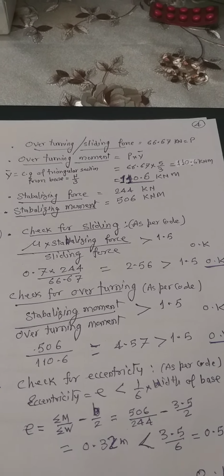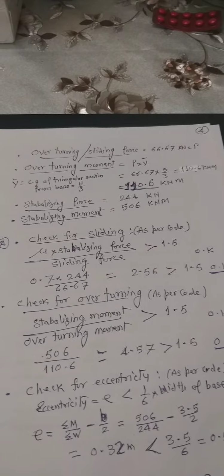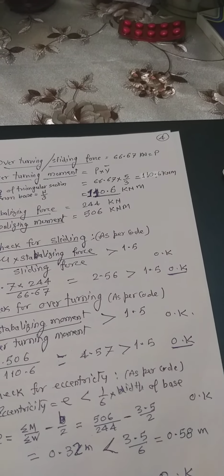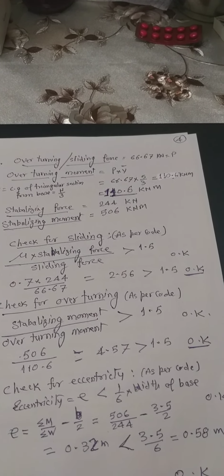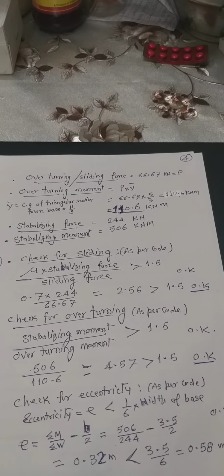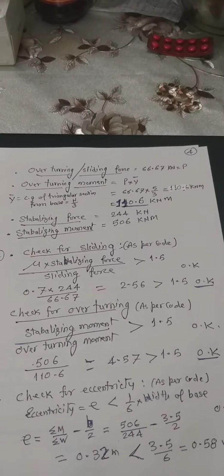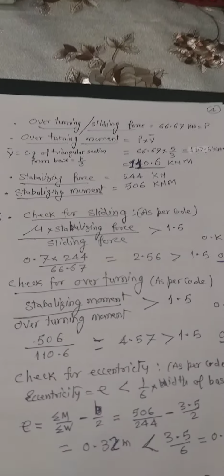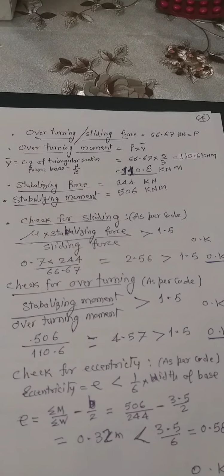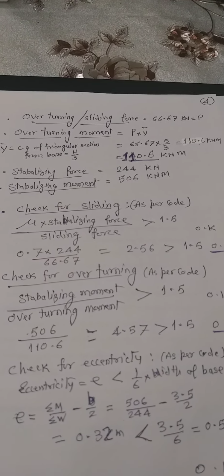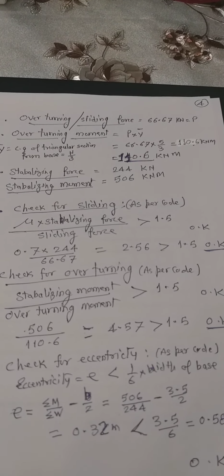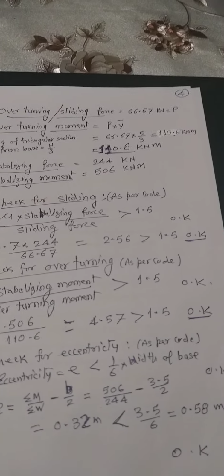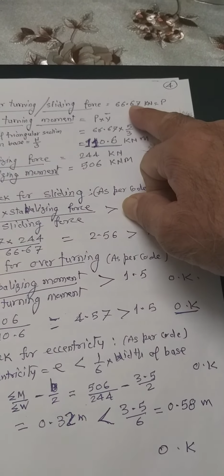As already mentioned in the code, coefficient of friction times stabilizing force upon the sliding force must be greater than 1.5. Then we can say yes, it won't slide, it will remain stable. Substituting the value of coefficient of friction as 0.7, stabilizing force as 244 divided by 66.67, that we have already calculated from here.